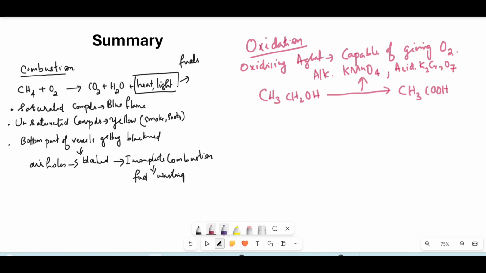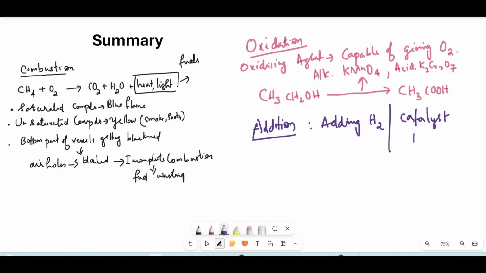So the next reaction we studied is addition reaction. What is addition reaction? Addition means adding hydrogen in presence of a catalyst, any catalyst like nickel, palladium or platinum.